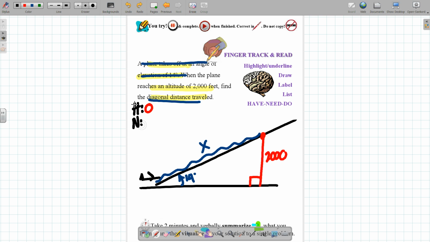Have, need, do. Sine of theta over 1 equals opposite over hypo. Sine of 14 degrees over 1 equals our opposite, which is 2,000, over our hypo, which is our unknown.